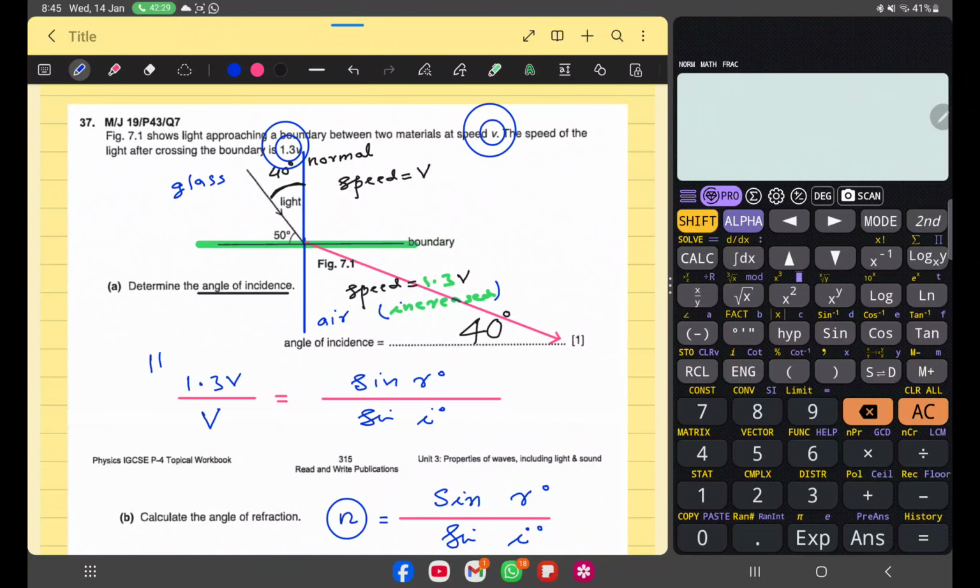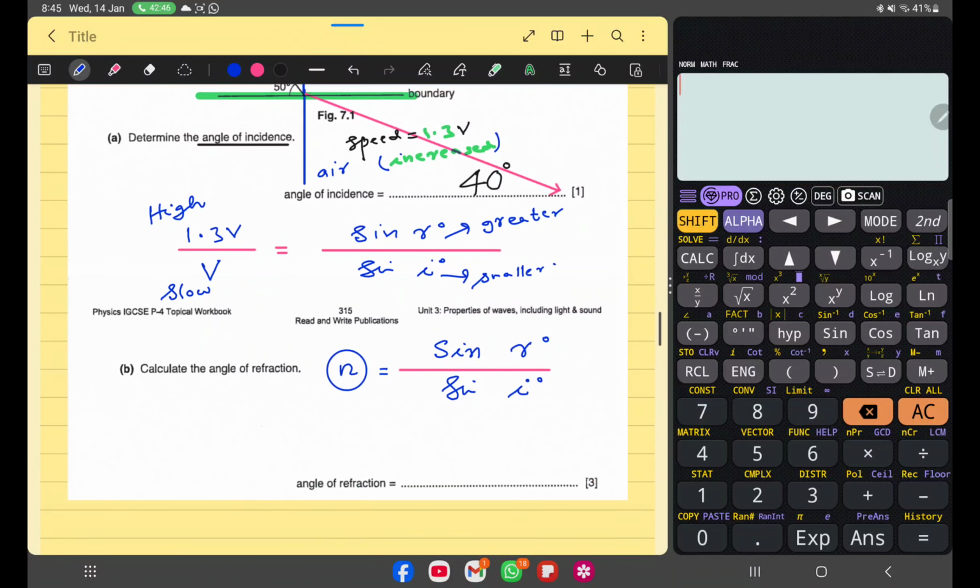Always high speed in numerator and slow speed in denominator; always the greater angle in the numerator, always the smaller angle in the denominator. So it will be 1.3 v divided by v.